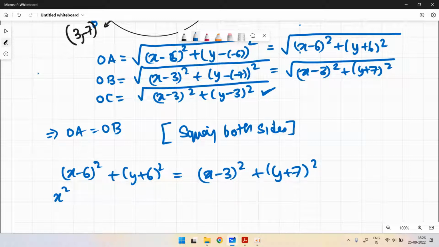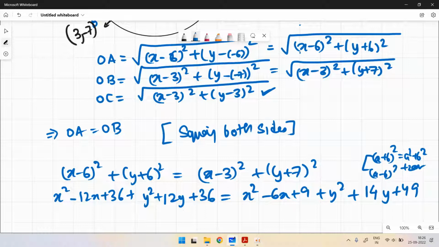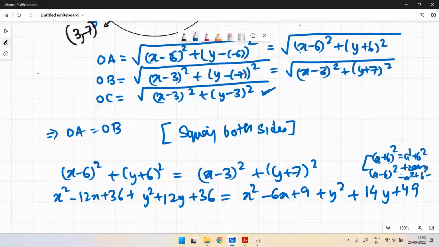Now if I expand, this is x square minus 12x plus 36 plus y square plus 12y plus 36, equals x square minus 6x plus 9 plus y square plus 14y plus 49. What I am using is (a plus b) square is a square plus b square plus 2ab, and (a minus b) square is a square plus b square minus 2ab.